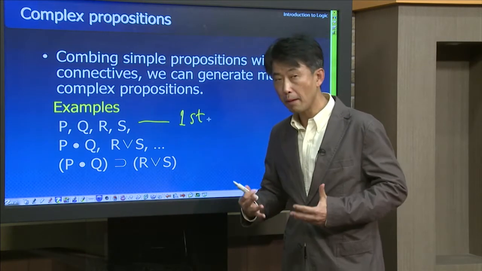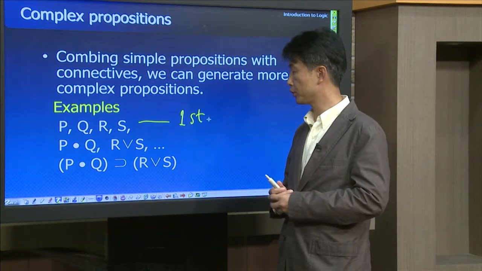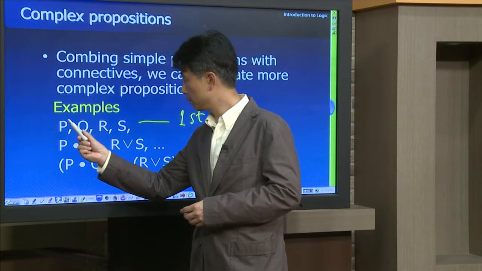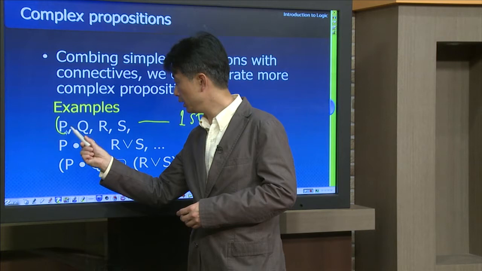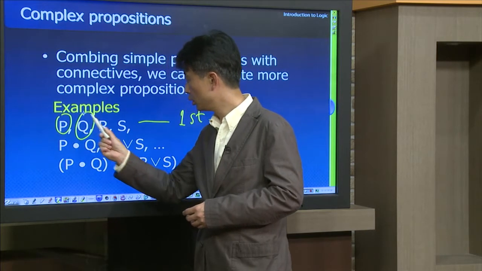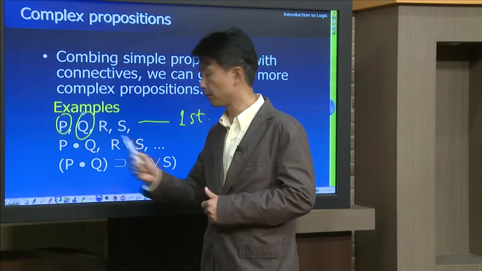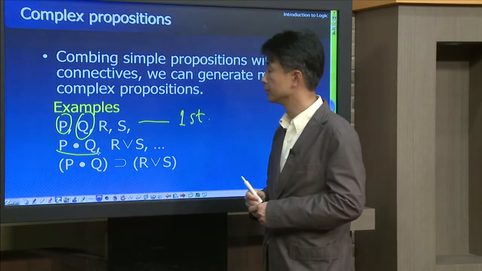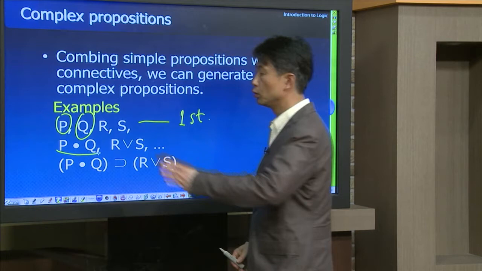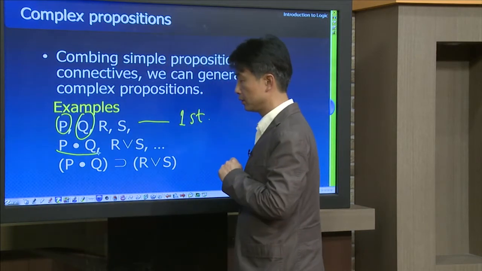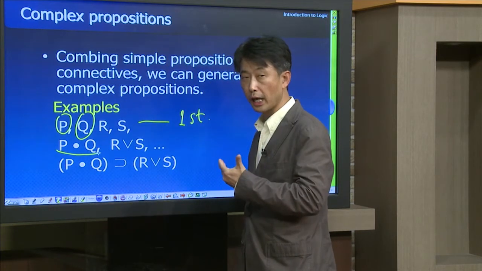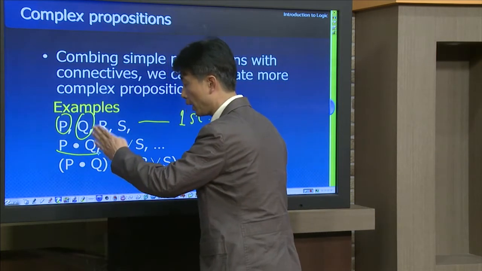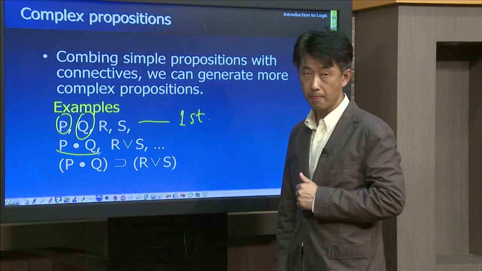You can say more complex propositions, such as you can, for example, combine P and Q with dot, for example, and generate this. Okay? So in addition to P, Q, R, S, we can also say in this language things like P and Q. Okay?